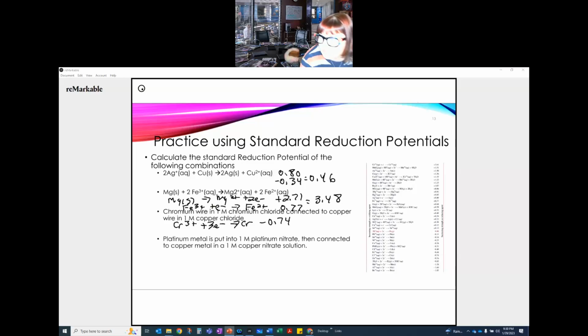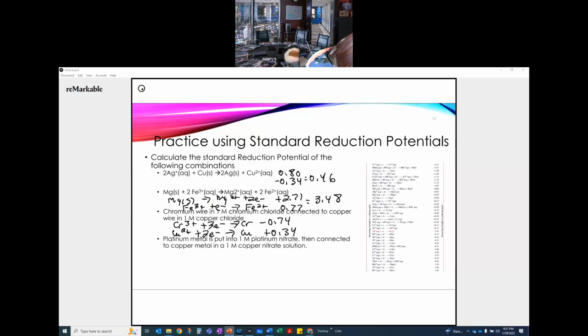We also have copper, Cu2+ plus 2 electrons to Cu, and that is 0.34.